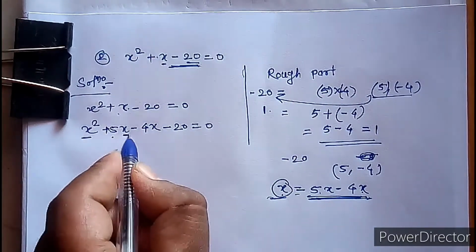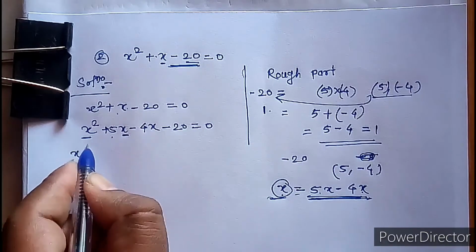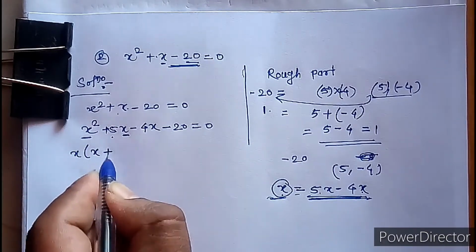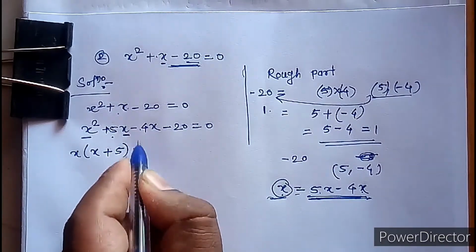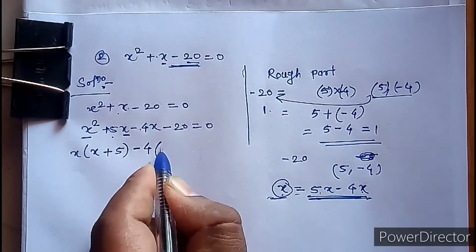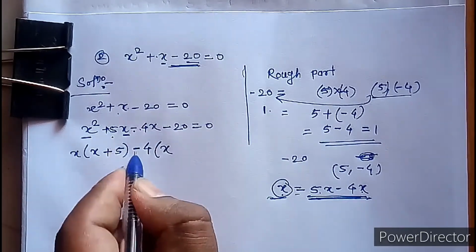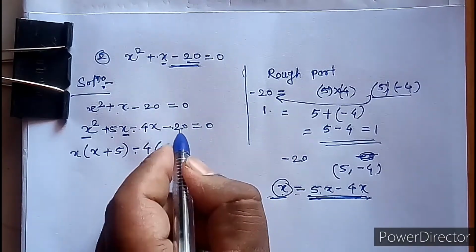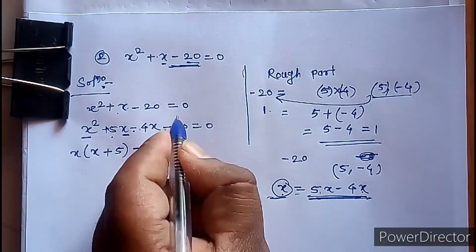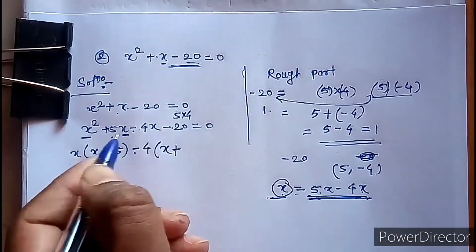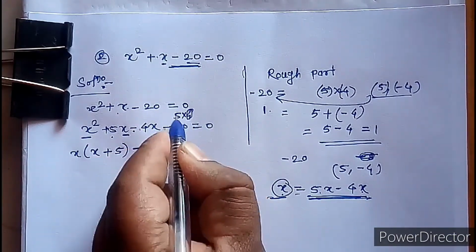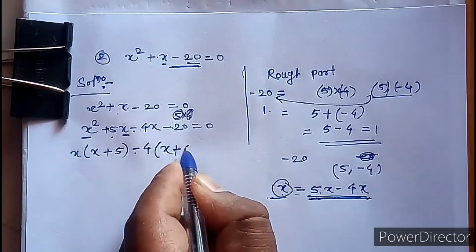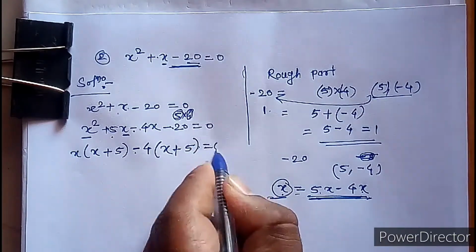Now here x is common in both terms, by taking x common, here remains x plus 5. Now by taking minus 4 common, here only x remains. When we take minus common, this minus will become plus, which means a change of sign. Now the factors of 20 are 5 into 4. We take 4 outside, therefore here 5 remains, that is plus 5 equals 0.